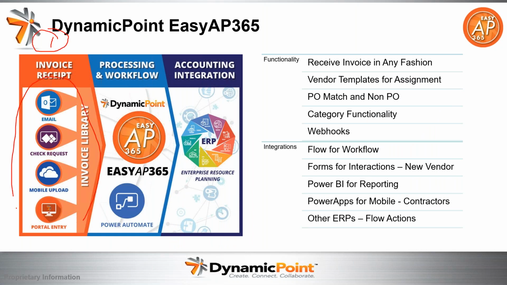And then what our app does is take it over from there, and then we apply templates as well as PO matching. We've integrated it with workflow, and then our app also does this third and final step here of bringing it into the ERP system.